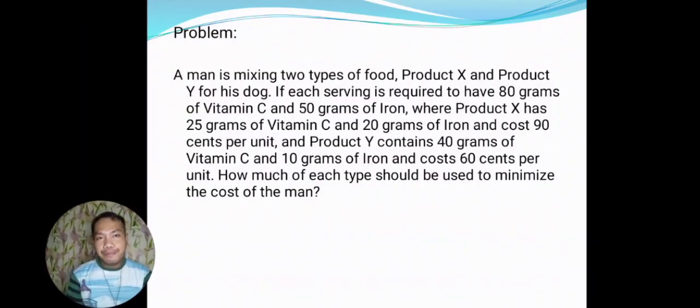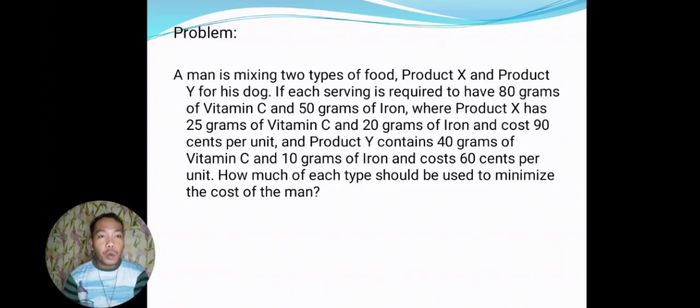So problem. A man is mixing two types of food, product X and product Y, for his dog. Each serving is required to have 80 grams of vitamin C and 50 grams of iron, where product X has 25 grams of vitamin C and 20 grams of iron and costs 90 cents per unit.